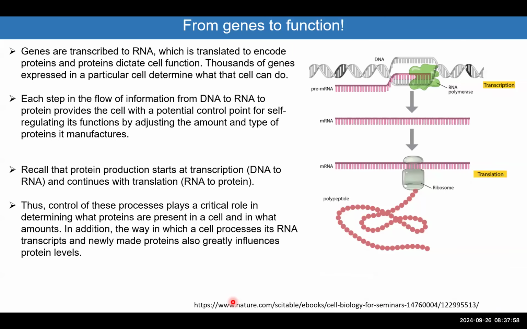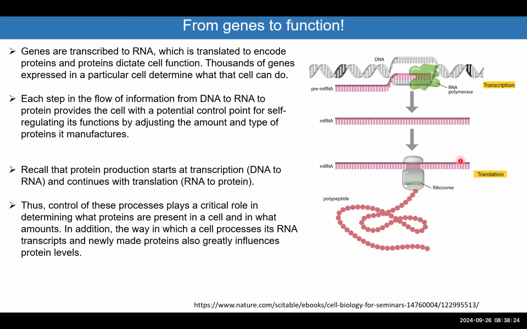So let me just refresh your memory about how genes get translated into function. So you all know that the genes, in principle, residing in the DNA sequences on both strands of the DNA would be transcribed into messenger RNAs, and those messenger RNAs are translated into proteins.